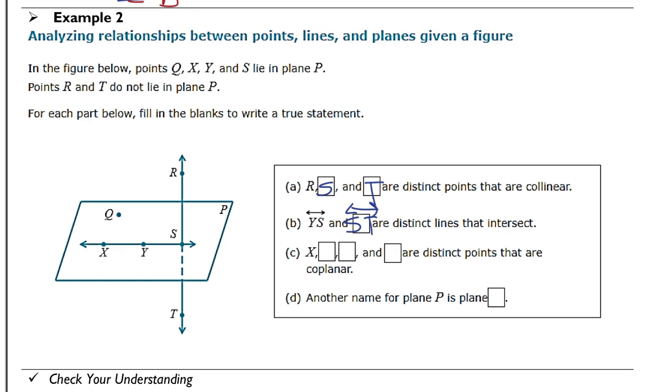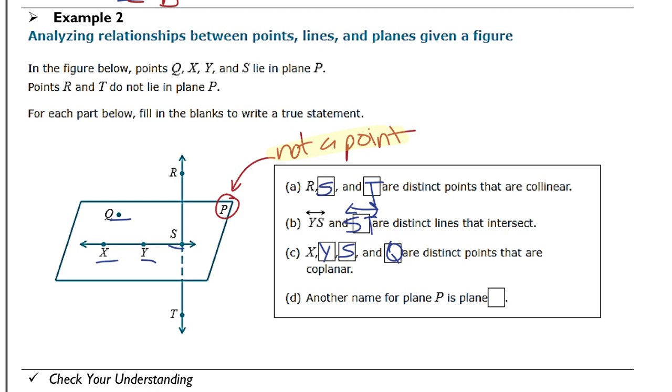That is something you should write down as a key piece of information, so we're going to highlight that in yellow. That is not a point. But we know that X, Y, Q, and S are all in that plane. So X, Y, S, and Q. Again, it doesn't matter which order you write them as long as you list them.